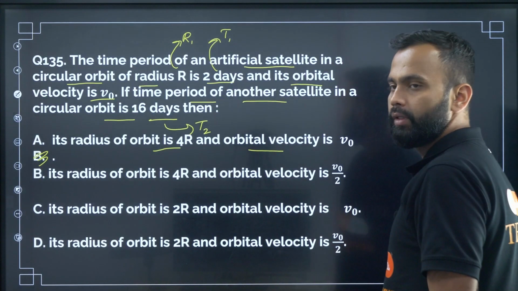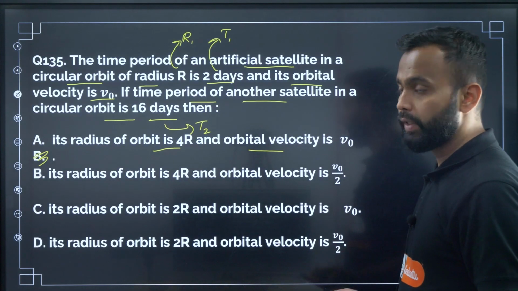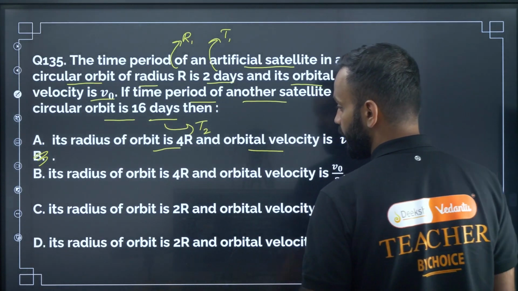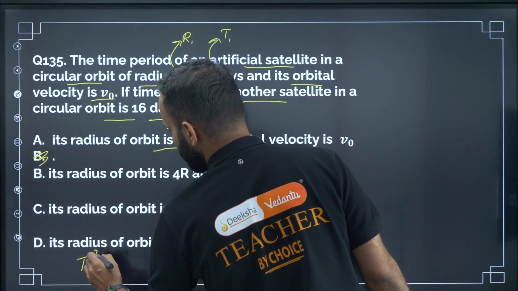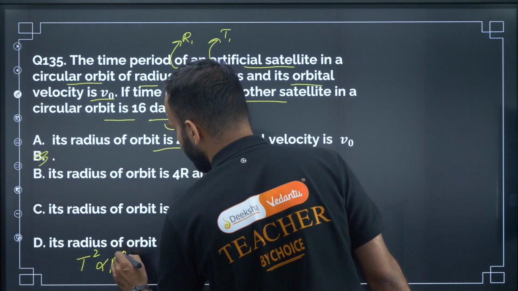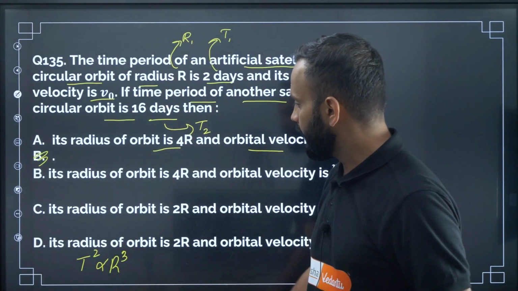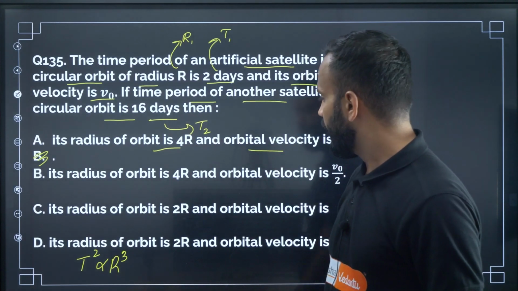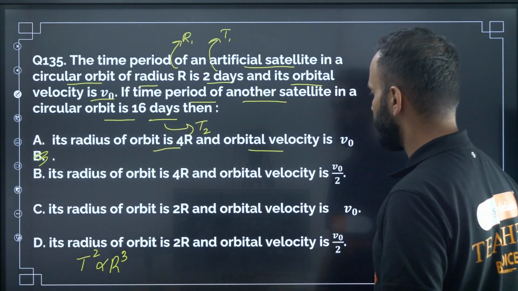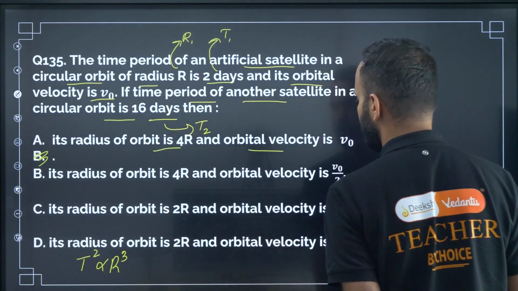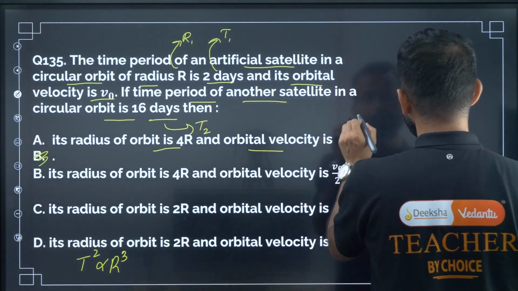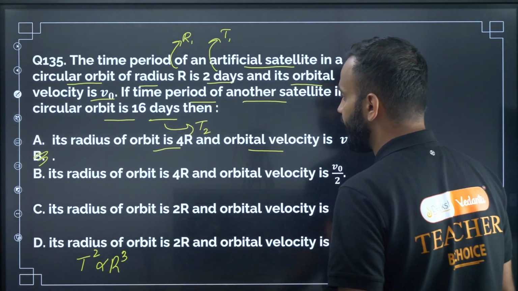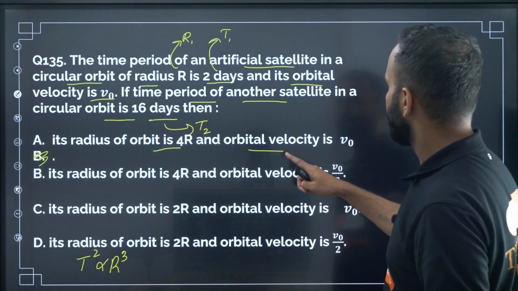Okay, so let's apply Kepler's law. Kepler's third law. So what is Kepler's third law? Kepler's third law says T square is directly proportional to r cube, right? So T is the time period of the satellite, R is the radius of the circular orbit. Now here we need to find the radius of the second orbit.